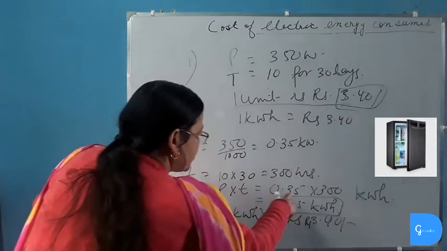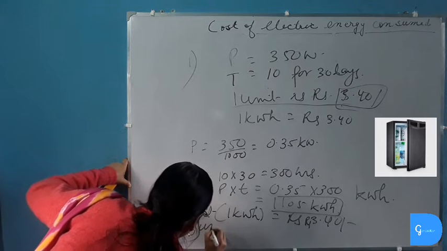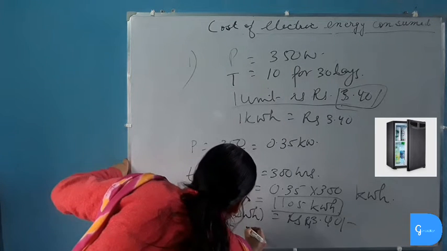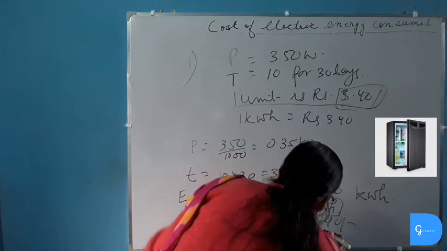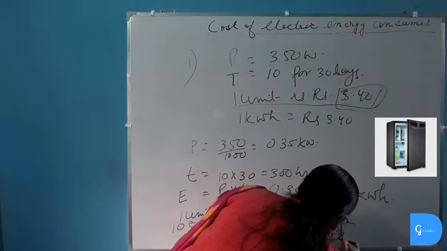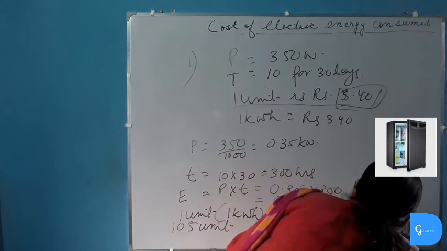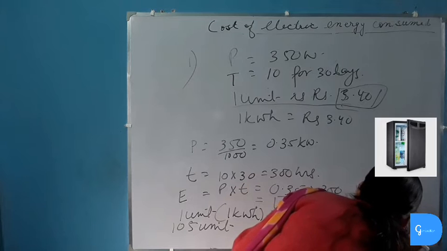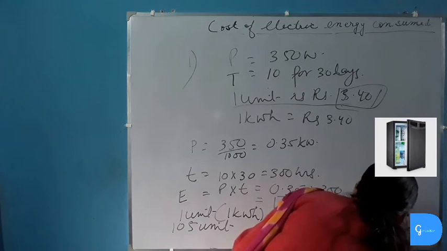So the cost of how many units? 105 units. So the cost of 105 units will be 105 into rupees 3.40, which is equal to rupees 357.